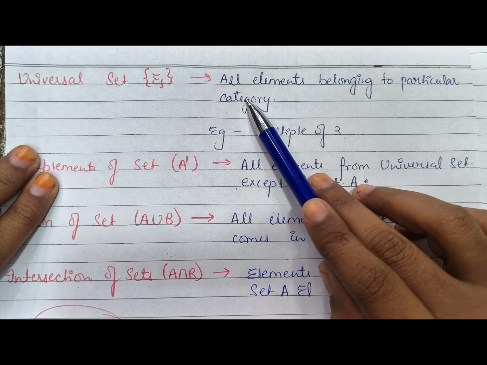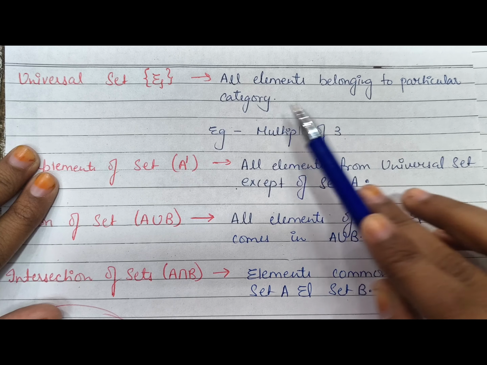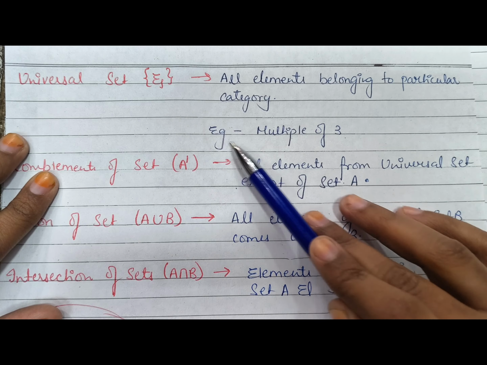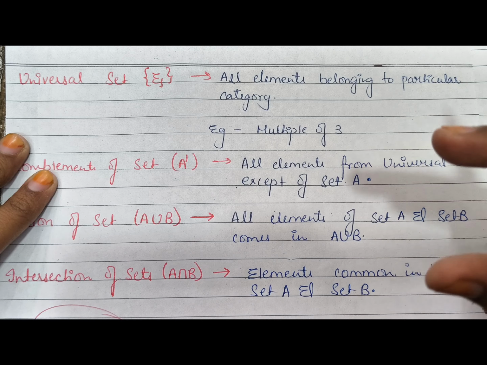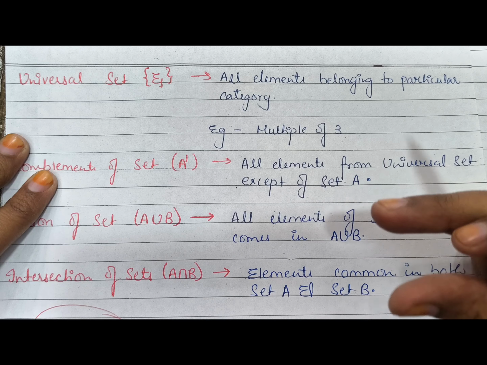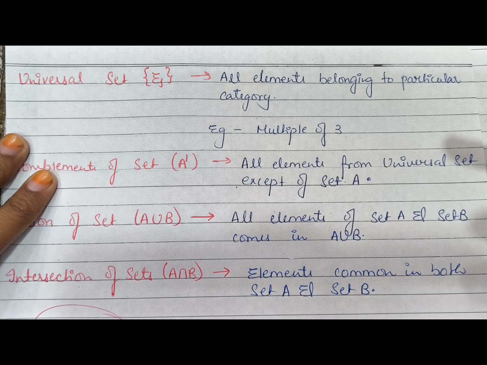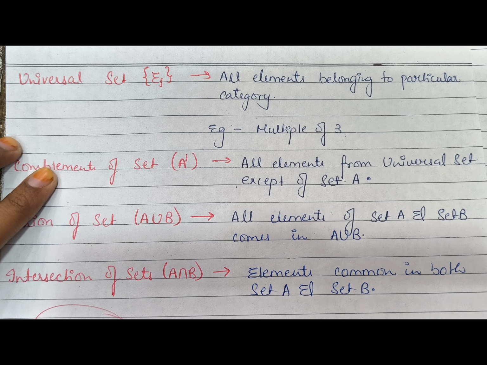For example, all elements belonging to a particular category. Example, multiples of 3. For you, multiples of 3 are 3, 6, 9, 12, 18, etc. And for somebody else also, multiples of 3 will be the same. So the set of elements which is the same for everyone in this universe is called the universal set.